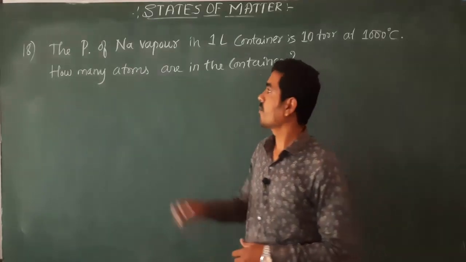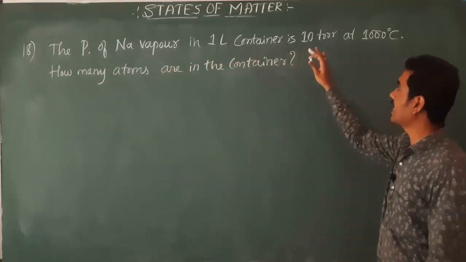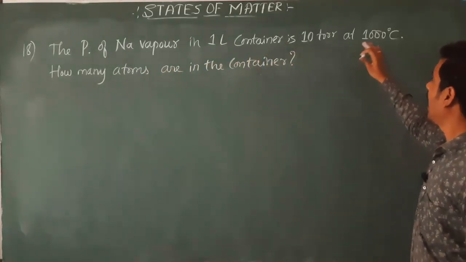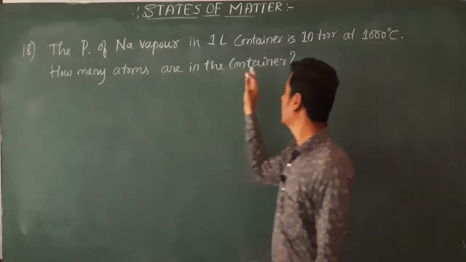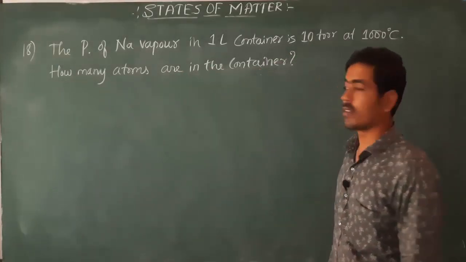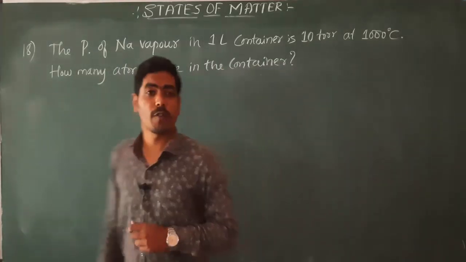18th question: the pressure of sodium vapor in a 1 liter container is 10 torr at 1000 degrees Celsius. How many atoms are in the container? So here you need to find the number of atoms.